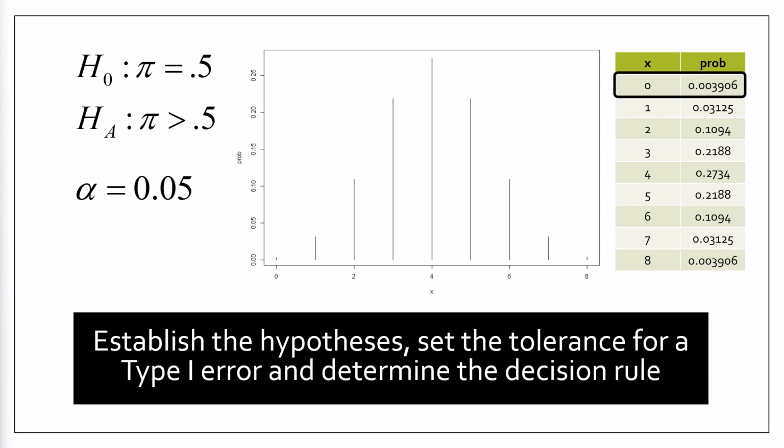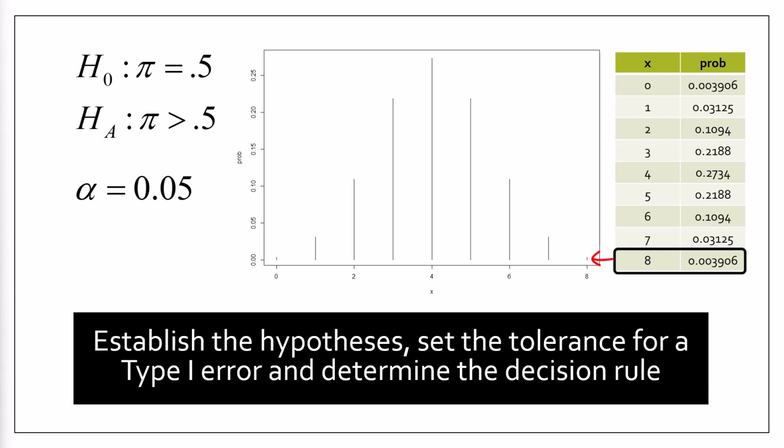So, for example, the probability of having 0 successes when pi in the population is 0.5 is very small. It's 0.003906. That's 0 out of 8 of the observations showing success. The same is true of the opposite end.